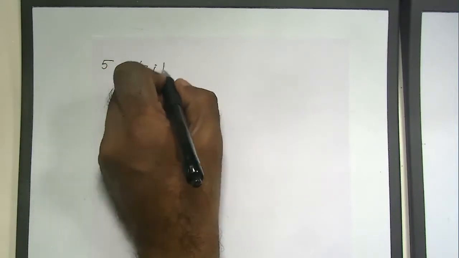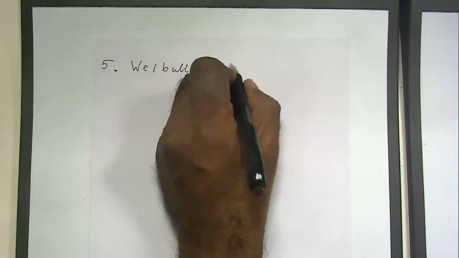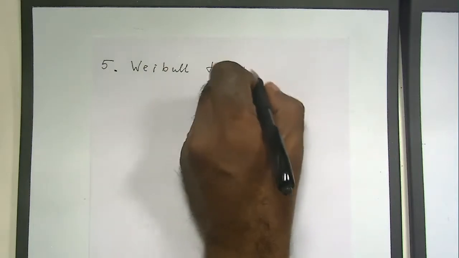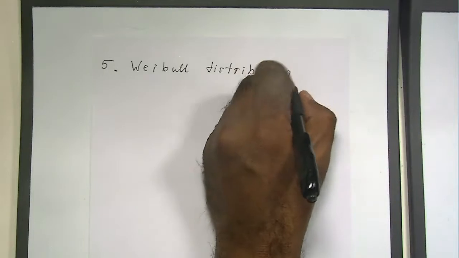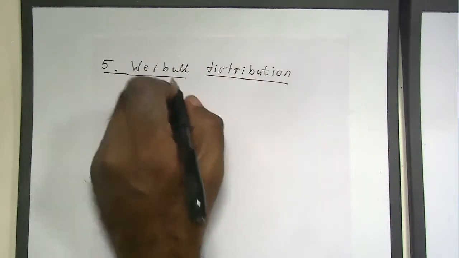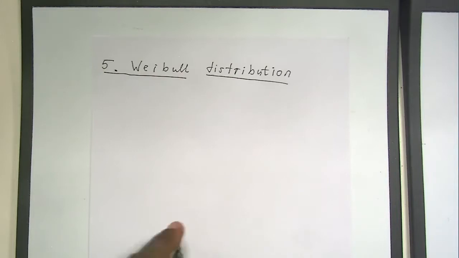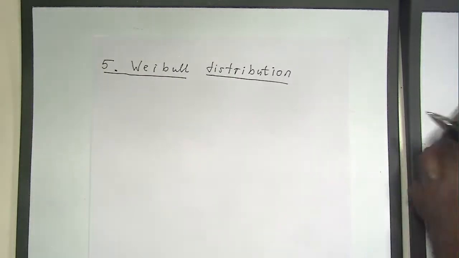Number 5 is the Weibull distribution method.